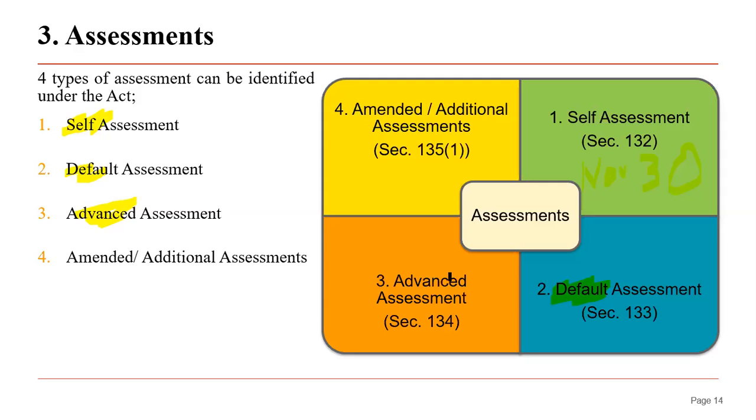The foreign company, maybe a Chinese company or some other company, is not properly closing and not properly settling tax, and they did the project and went. So that kind of thing is also there. From the individual perspective, the advanced assessment is basically before you are submitting the assessment.